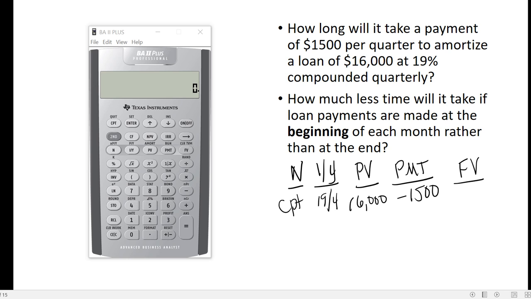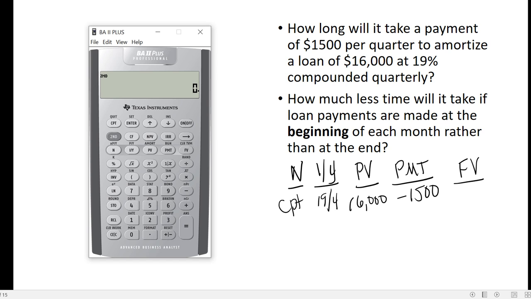And the principal of a loan goes under present value. And then we're making quarterly payments of $1,500. So that's coming out of our pocket, so that's going to be a negative. Now, with the calculator, since we adjust N and IY for compounding periods, the calculator understands that that payment is quarterly.